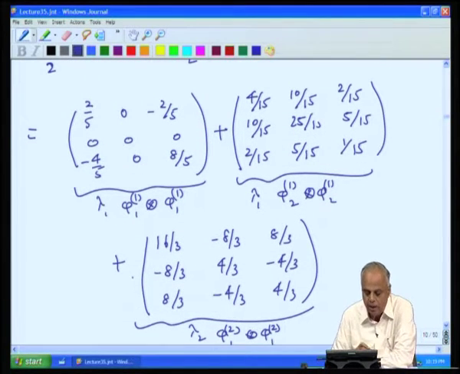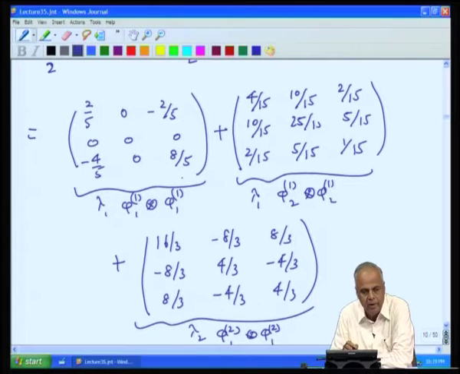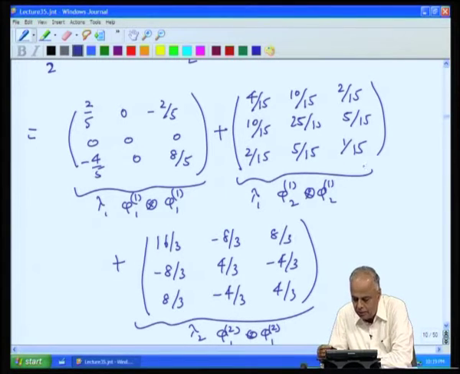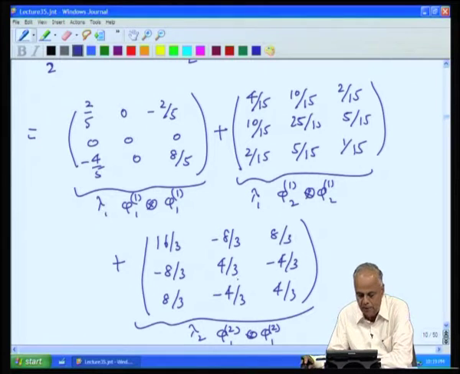Now, notice that the first matrix we have here is of rank 1, because every row is a multiple of the first row. Similarly, the second matrix is a matrix of rank 1, because every row is a multiple of the third row, and the third matrix is a matrix of rank 1, because every row is a multiple of the third row. Observe also that each one of these is a Hermitian matrix.